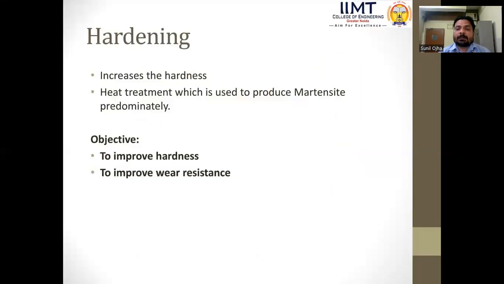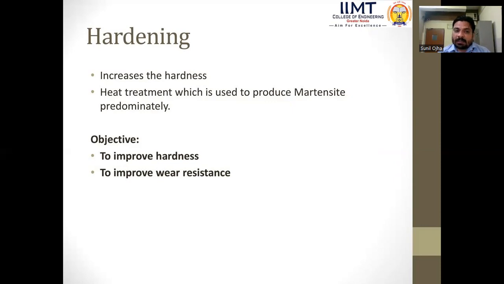Next process is the hardening process. We do hardening to increase the hardness of the material. It is a heat treatment used to produce martensite. So in hardening, the microstructure we have to obtain is martensite.